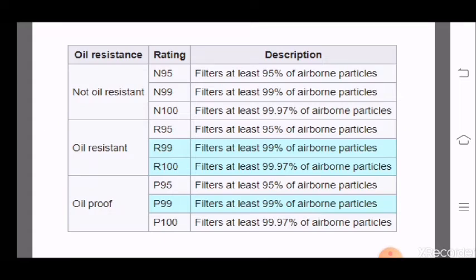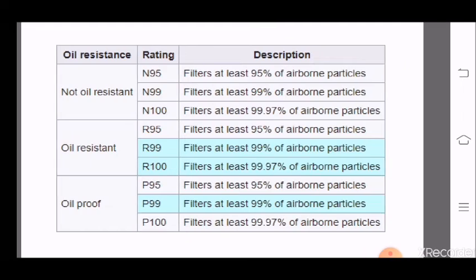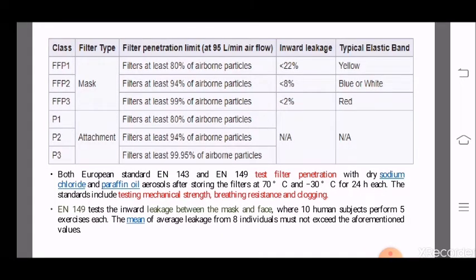So P95, P99, and P100 are the ratings given to filters which is having interaction of oil, or safety required is for oil and aerosol. The FFP class are used as the different filtration rates, and they are also having a specific elastic band designation, color designation.